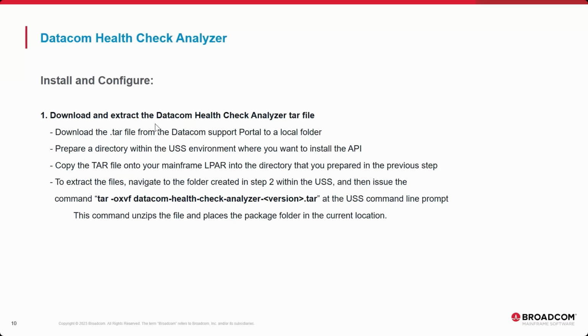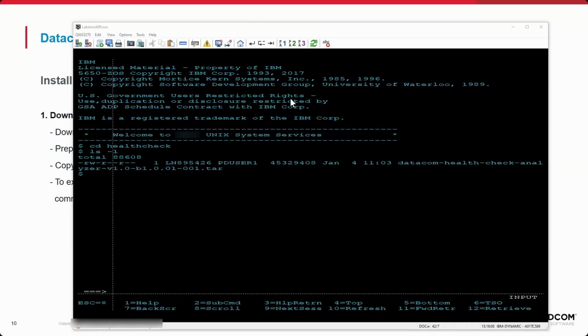To extract the files, navigate to the folder created in the previous step within the USS and then issue the tar unzip command on the USS command line prompt. Basically, this command unzips the file and places the package folder in the current location.